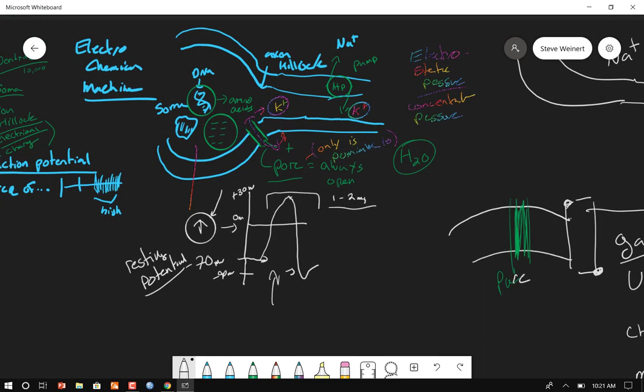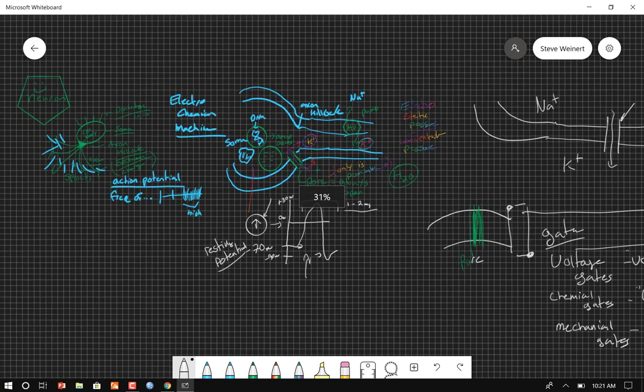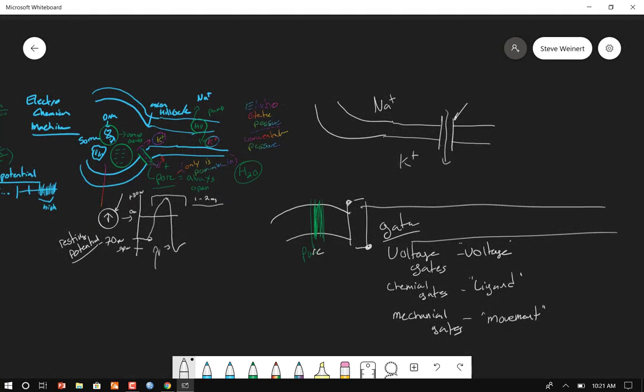So let's go back to the bigger picture, and this is why I want to pay attention to this. During an action potential, there is a flow of ions back and forth across what part of the cell? The axon hillock.